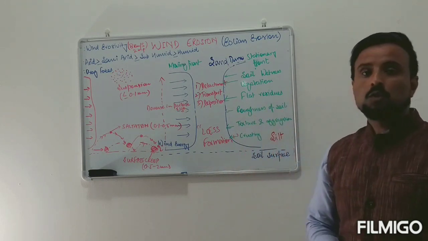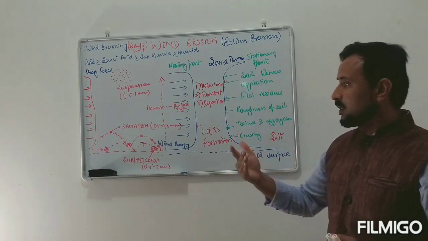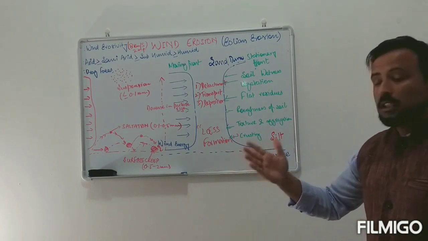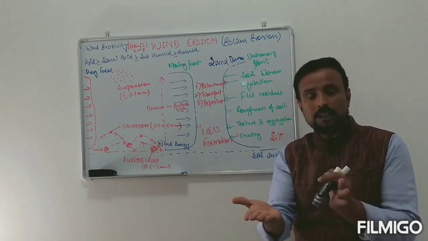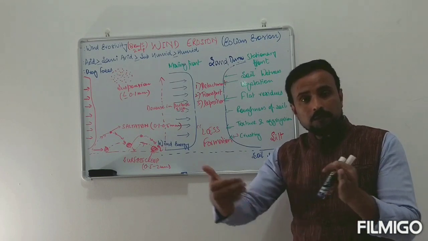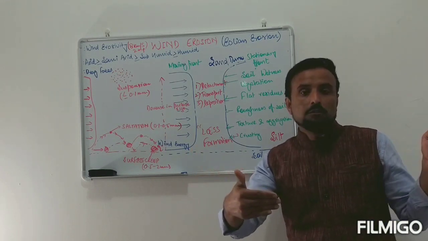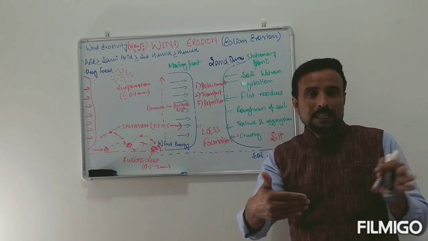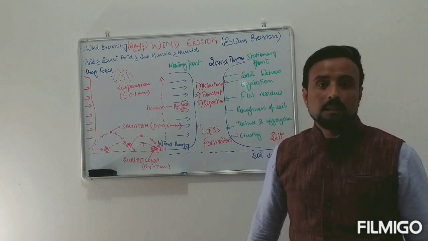But the important thing to note here is that when these kinds of forces over the top of soil are moving, there are some forces which resist this force of wind. Wind erosivity is being halted or counteracted by some forces.